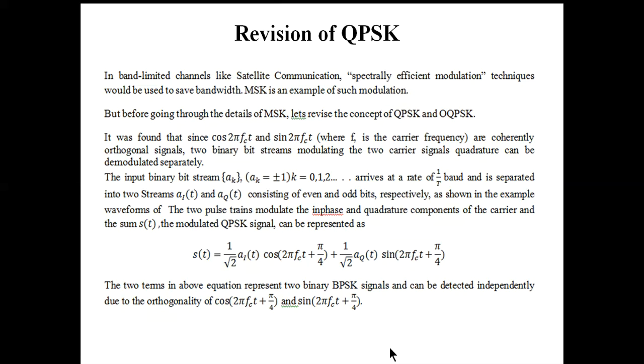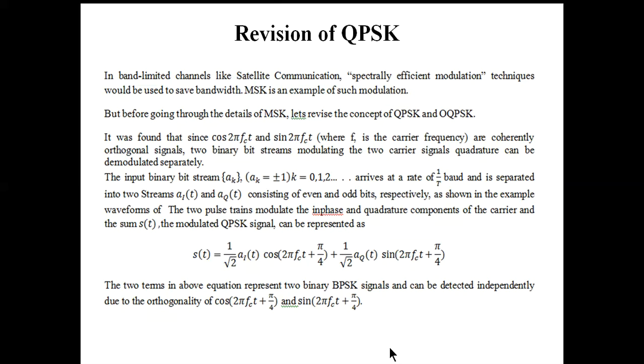The bit rate is 1 by T, that means the bit duration is T seconds. Now we can separate this input binary stream into two different streams known as the in-phase stream and the quadrature stream, which is nothing but even bits and odd bits. The example will be discussed in the next slide.